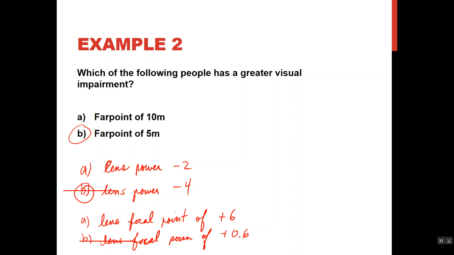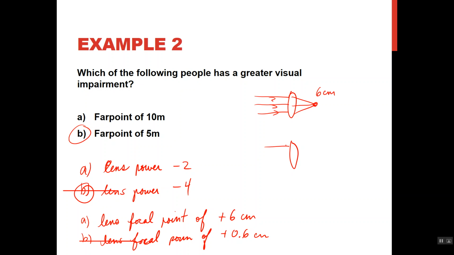So let's look at that. I wish I had a white marker, but let's say I have these two lenses, right? And one of them has a focal length, let's call these centimeters, meters, doesn't matter, as long as they're the same. You're going to have rays coming in like this, and it's going to focus them on the focal point, right? And the focal point in this case is 6 centimeters.